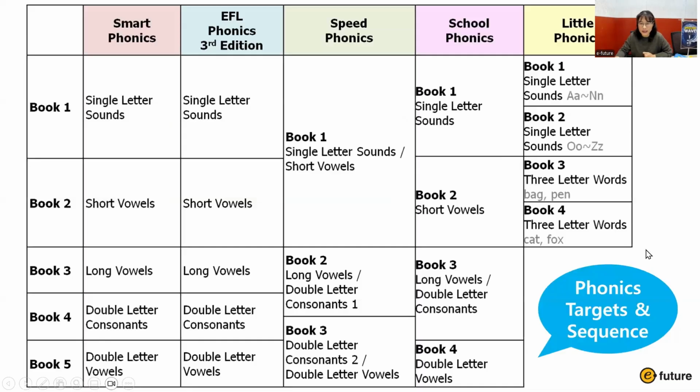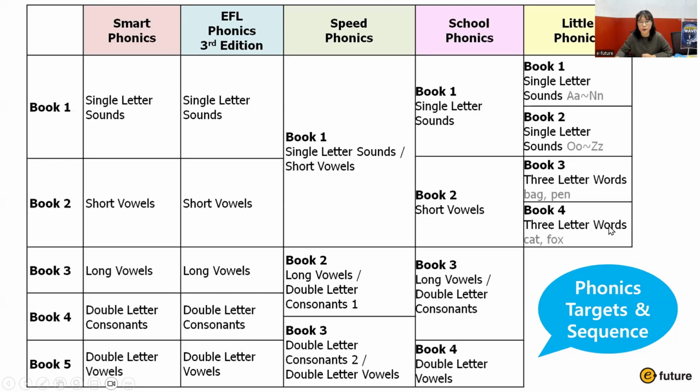However, the level is the same as book 2 in Smart Phonics. We divide Smart Phonics book 1 targets into 2 books, Little Phonics book 1 and book 2. And we divide book 2 of Smart Phonics to make book 3 and 4 for Little Phonics. So the language targets are there, following the same sequence.